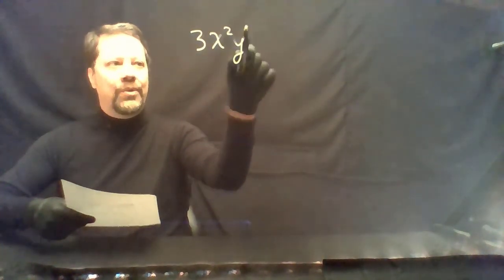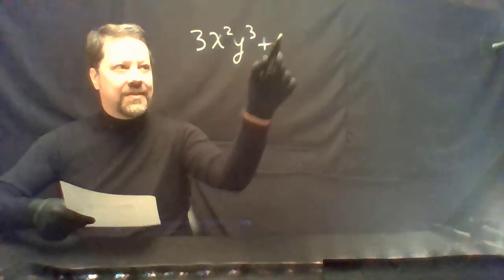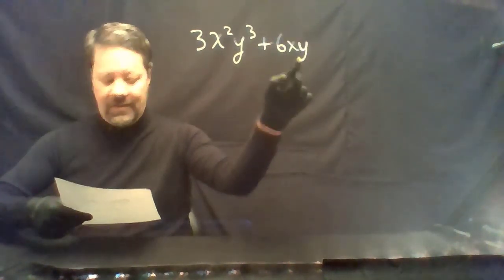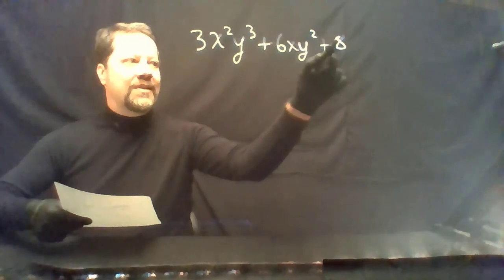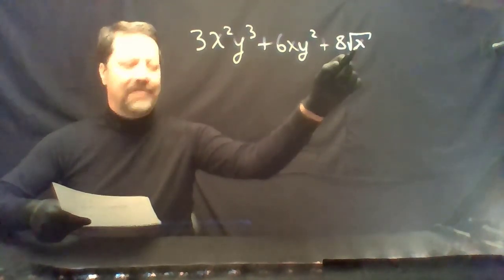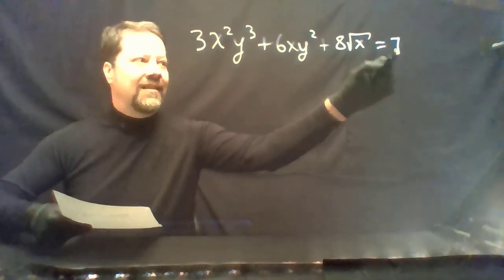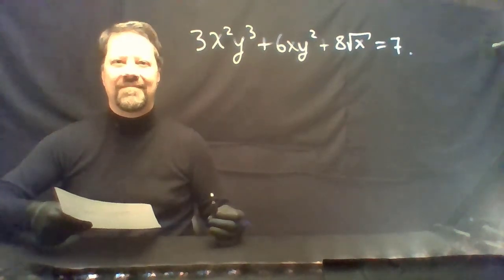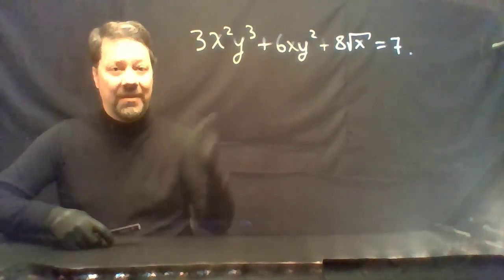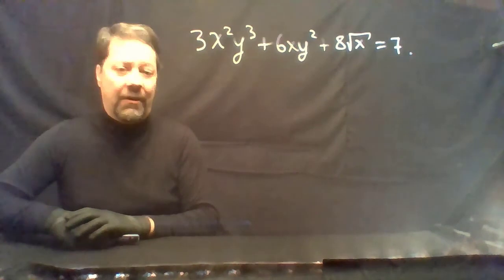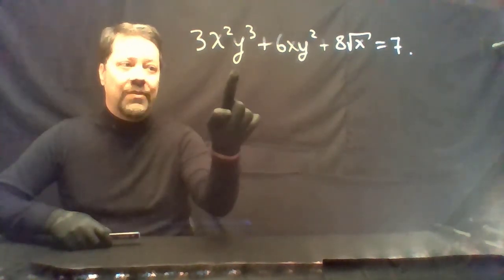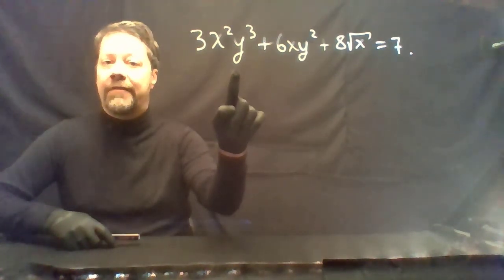Here we have 3x squared y cubed plus 6x y squared plus 8 root x equals 7. Now, we're going to have a bunch of power rules and implied chain rules whenever we take the derivative of something involving y.